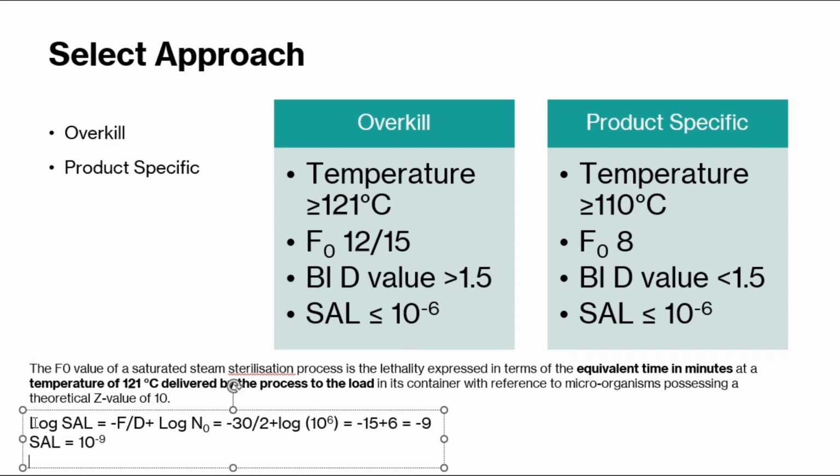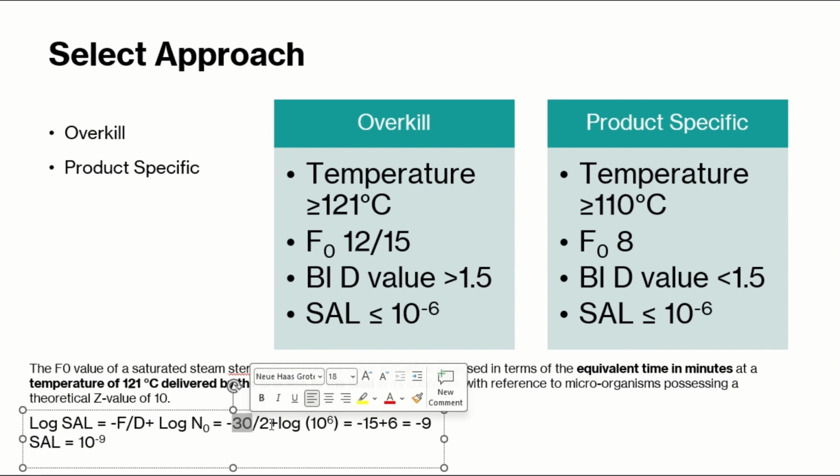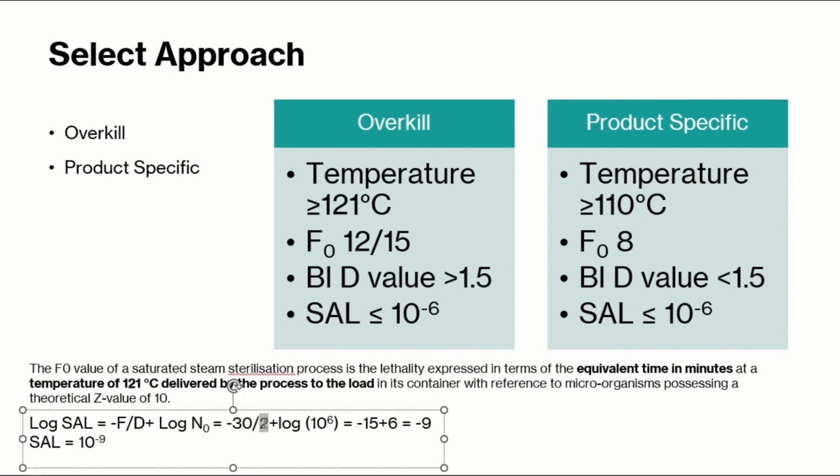Now this is the SAL calculation. Log of SAL is equal to minus F by D plus log N0. So what does it mean? Suppose you get an F0 of 30, use the D value of the BI as 2, and your initial spore count in the BI is 10 to the power 6. Then if you calculate, your SAL will be 10 to the minus 9.